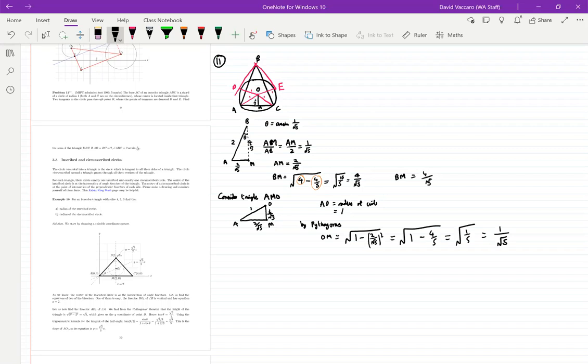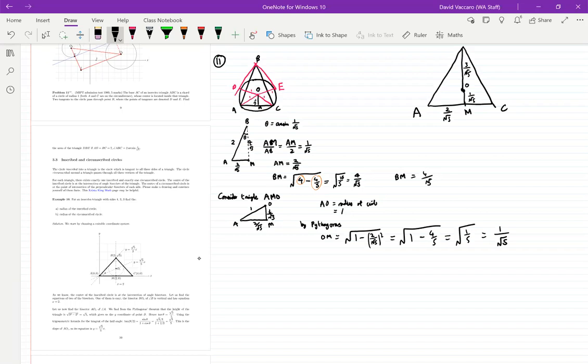Okay, so if I just return to my diagram, I've got AC, and I've got the midpoint M. AM is 2 over root 5. MO is 1 over root 5. And then OB is 3 over root 5.